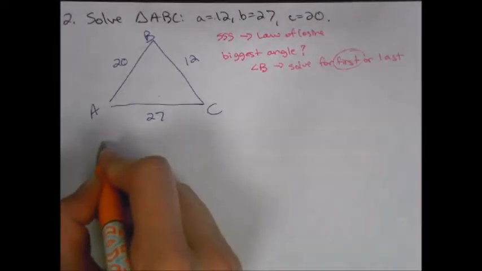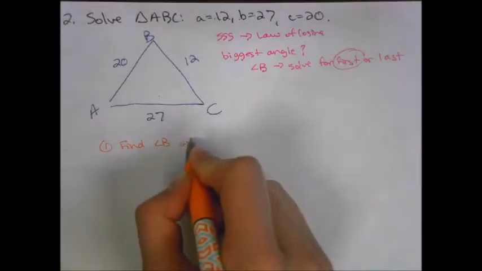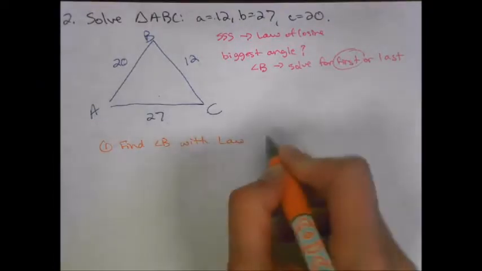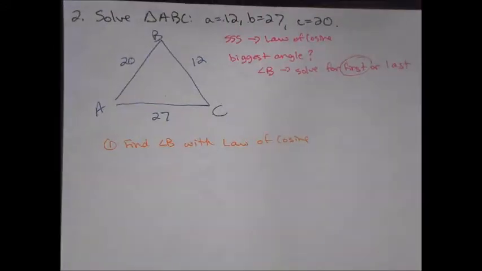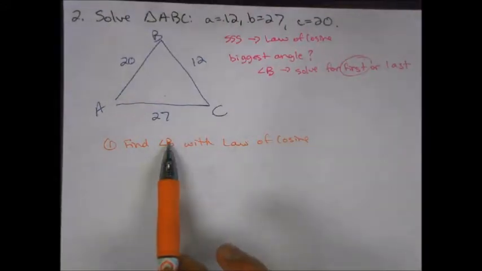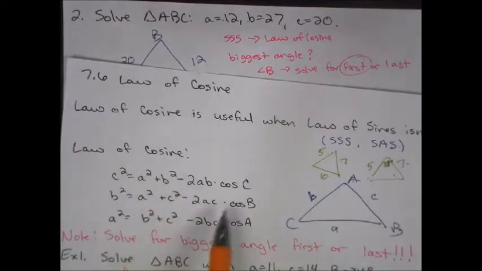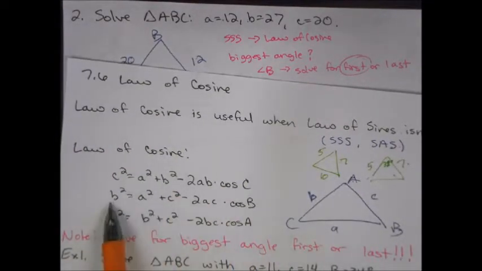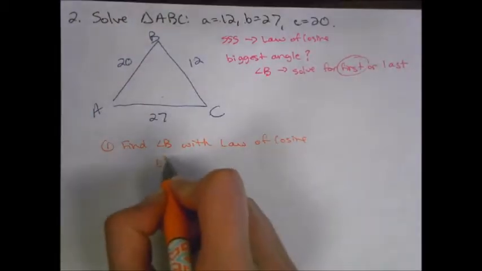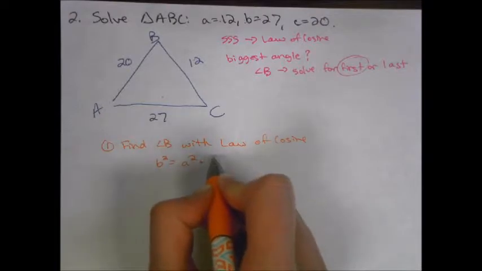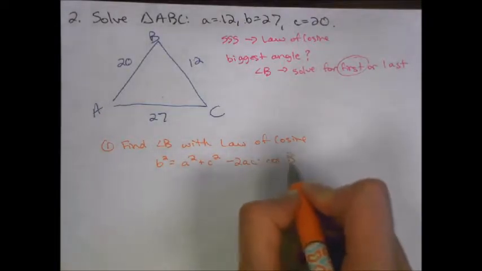So step 1, find angle B with law of cosine. Now, if I'm finding angle B, we look back at all of our formulas. Finding angle B, I have to use little b squared. So let's write that one out. b squared equals a squared plus c squared minus 2ac times cosine B.